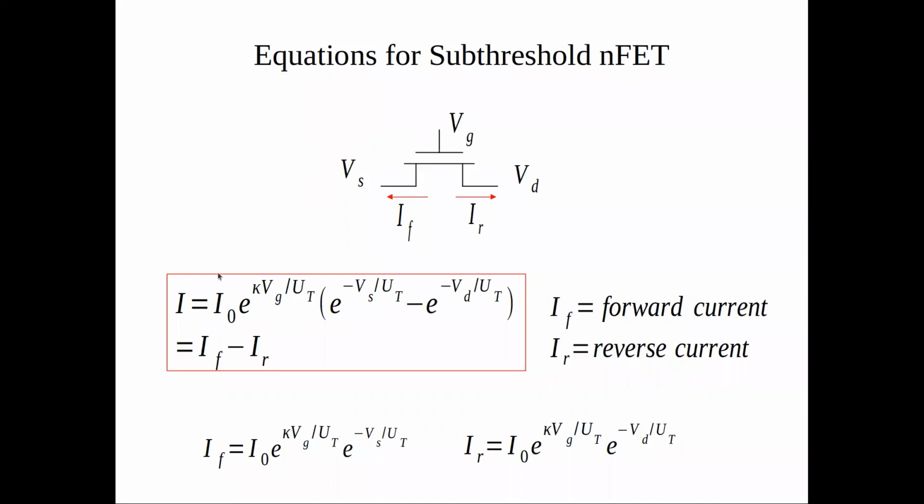This is probably the most important slide in the whole lecture: the current flowing through the transistor channel in subthreshold is exponentially proportional to the gate voltage times kappa, and to the difference between the source and the drain voltage. These two contributions of the current you can write as forward and reverse currents. The forward current is the one going from the drain to the source, and the reverse current is going from the source to the drain.